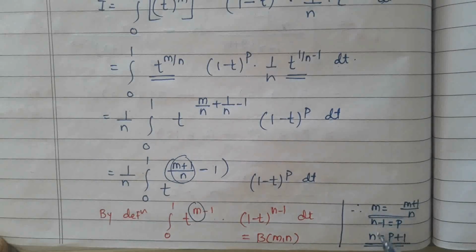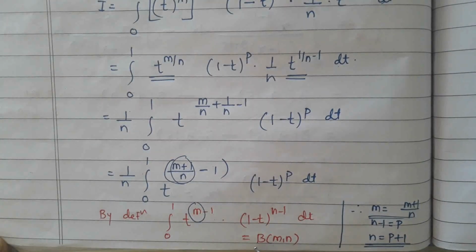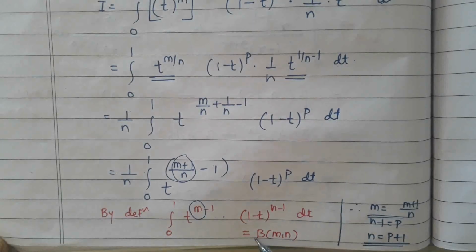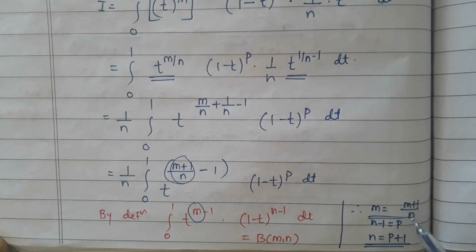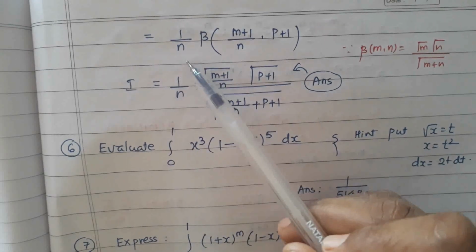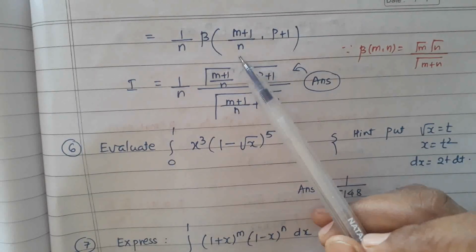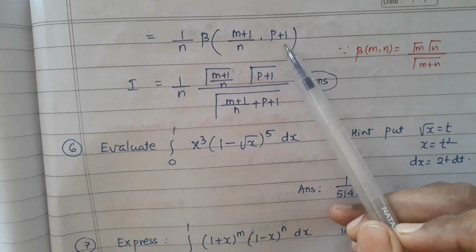So place the values of m and n in this beta notation, beta m, n. This integral becomes 1 by n times beta of (m plus 1 upon n) and (p plus 1).